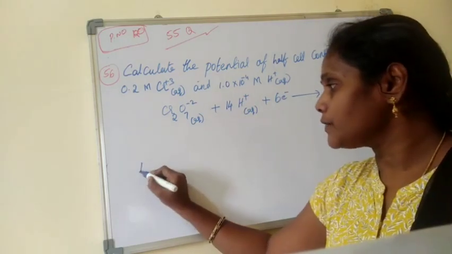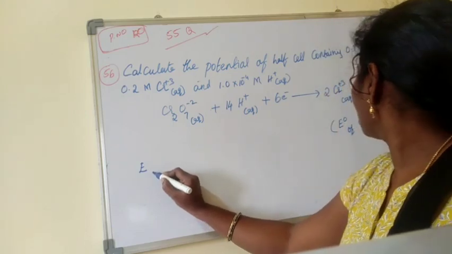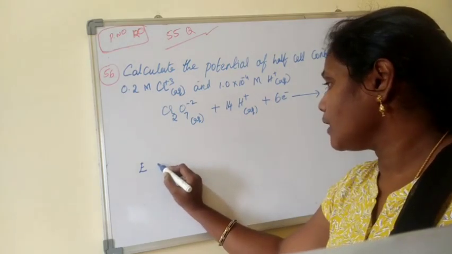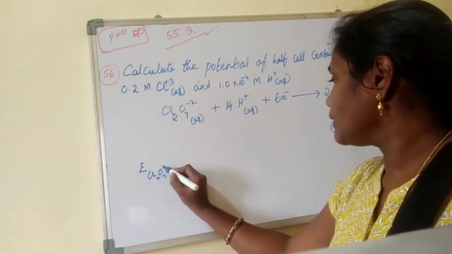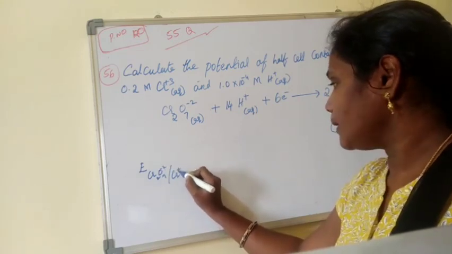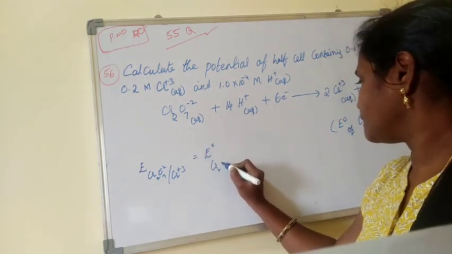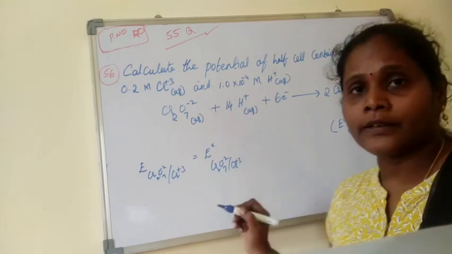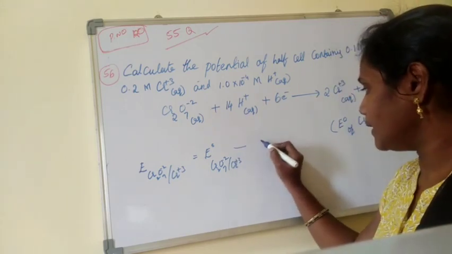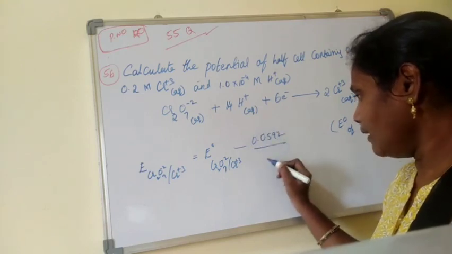Our half cell reaction is Cr2O7 2- to Cr3+, with E naught. Using the Nernst half cell equation, E equals E naught minus 0.0592 by n, where I don't know n yet.